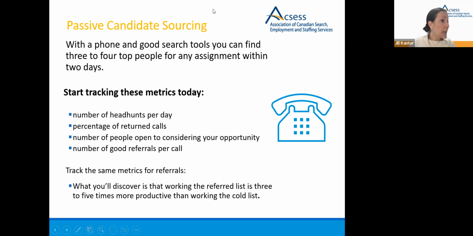I'd like to know your thoughts in chat around this concept of passive candidate sourcing, and how many of you feel that it should be a daily activity and why? Then we're going to take a break right after this.